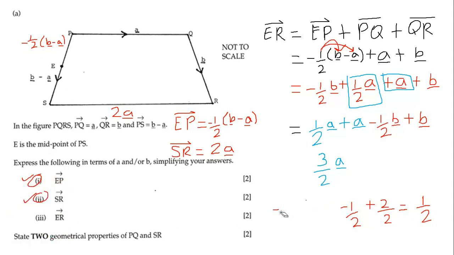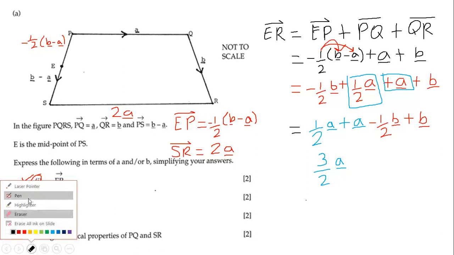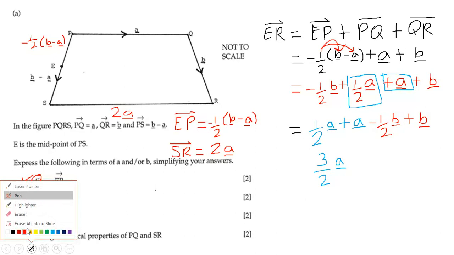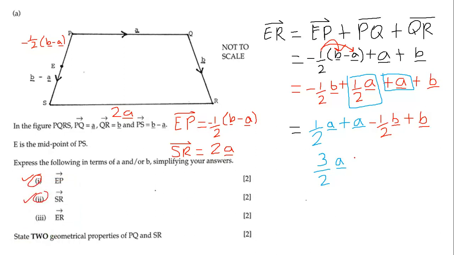So since that's the case, we have negative a half b plus b, which is going to be equal to simply a half b. Okay?